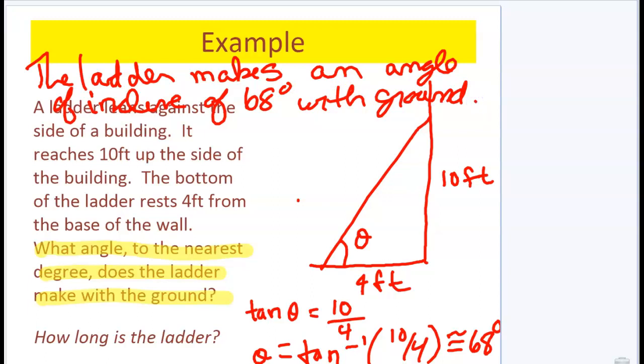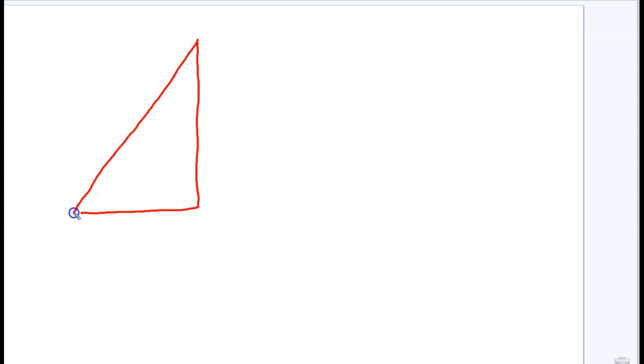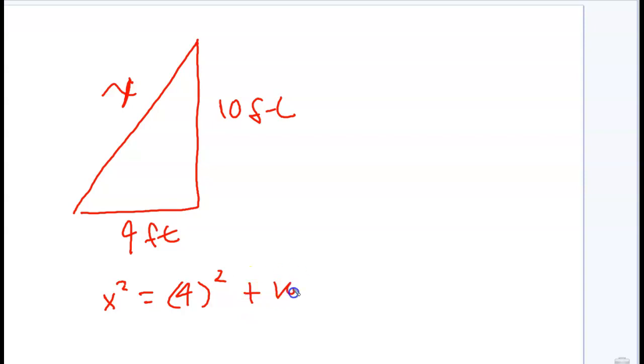Okay, for a little bit of enrichment here, the question is now asking how long is the ladder? And right now, the only tool that we have that could help us do that would be Pythagoras' theorem. And again, we have our information that this is 4 feet and this is 10 feet. And we want to find the length of the ladder, which we'll call x. So therefore, we could say that x squared is equal to 4 squared plus 10 squared.